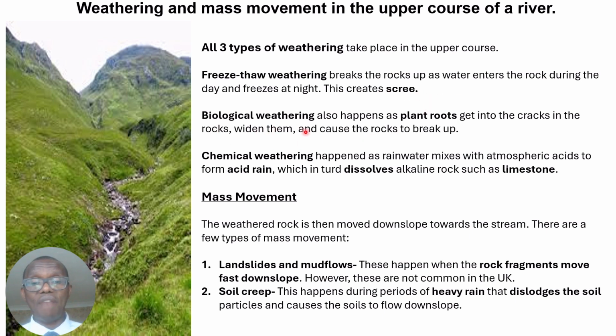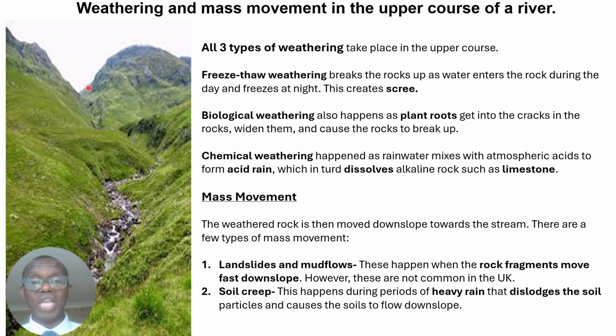And then we have biological weathering taking place as well. You have the vegetation that is here as the roots go into the cracks that are in the rock. And as that particular plant grows bigger, the roots grow bigger as well, and they cause that particular crack to become bigger, and eventually the rock breaks up. Then we have chemical weathering, which is where the acid that is in the rainwater will dissolve some of the rock.